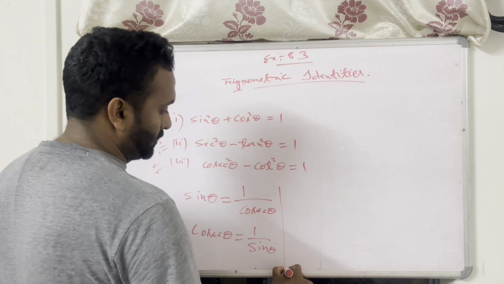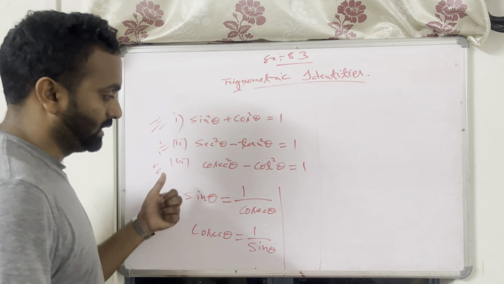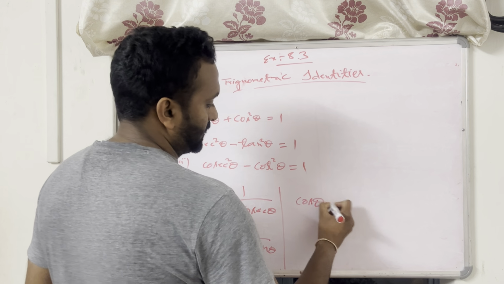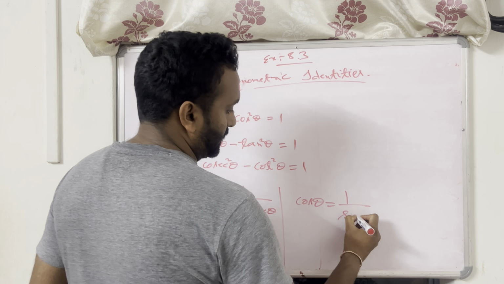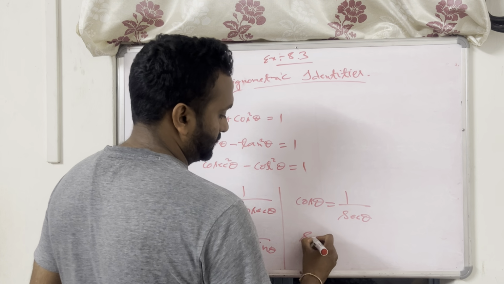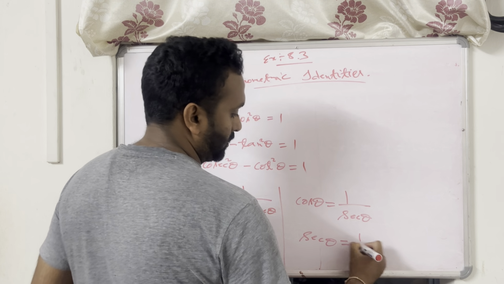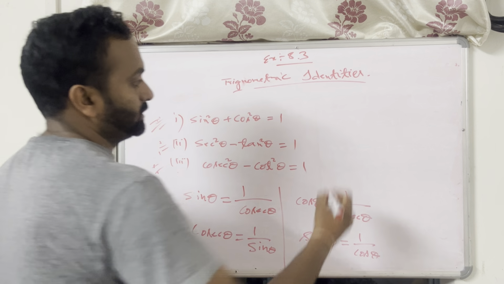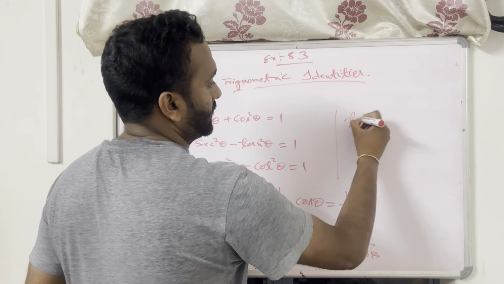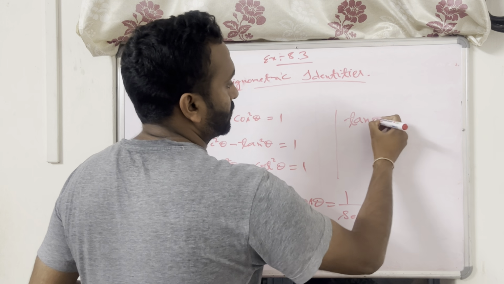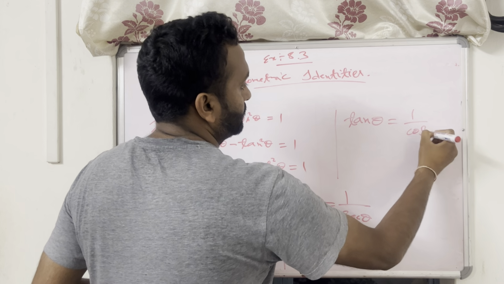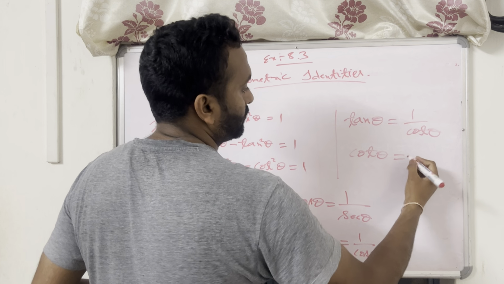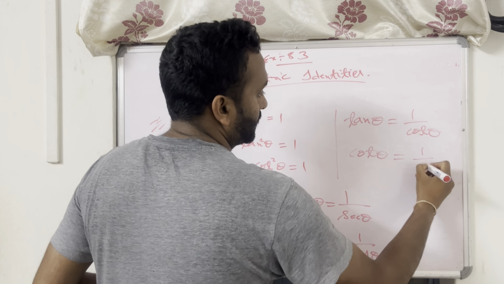This one also you have to remember while dealing with this chapter. Then cos theta is the reciprocal of sec theta. Similarly, sec theta is the reciprocal of cos theta. Then you also know that tan theta is the reciprocal of cot theta. Similarly, cot theta is the reciprocal of tan theta.